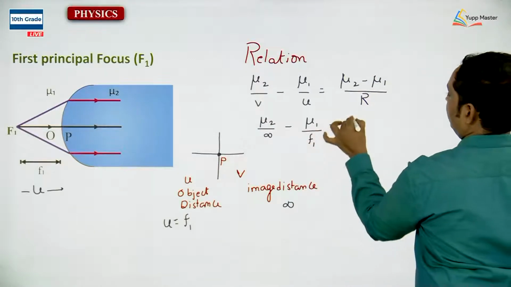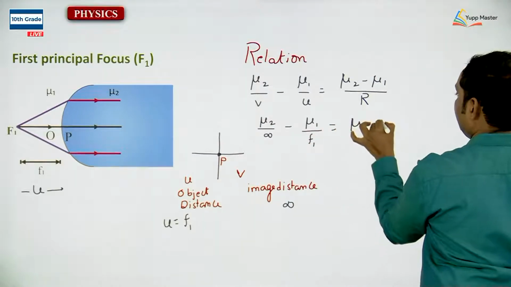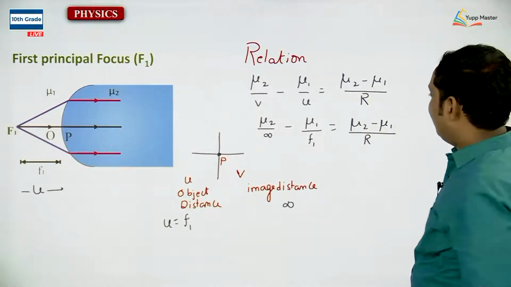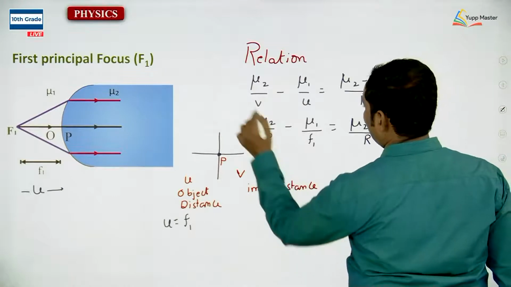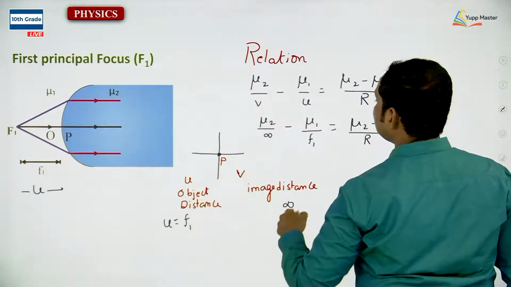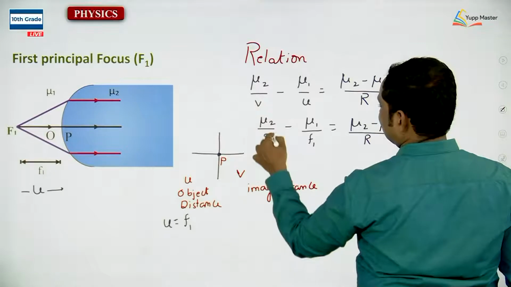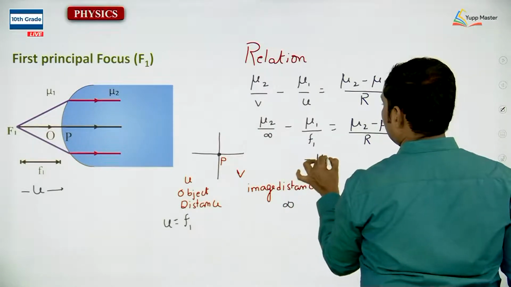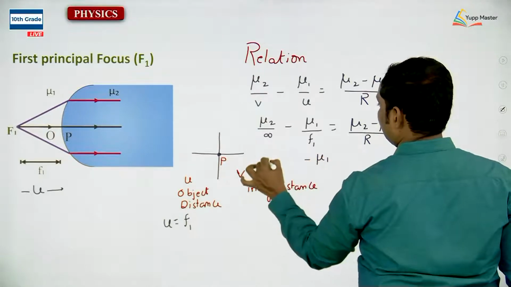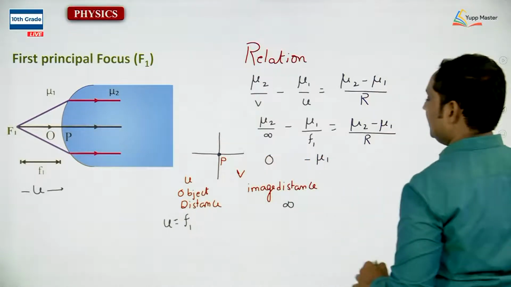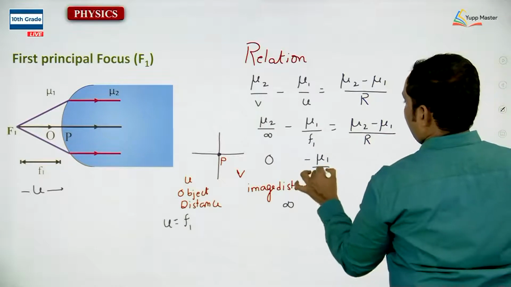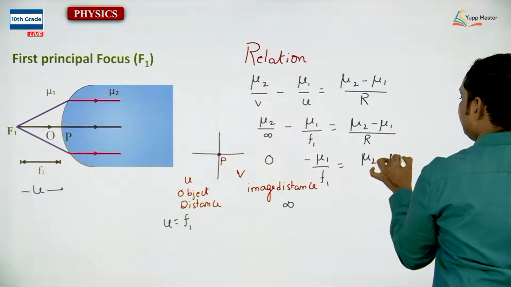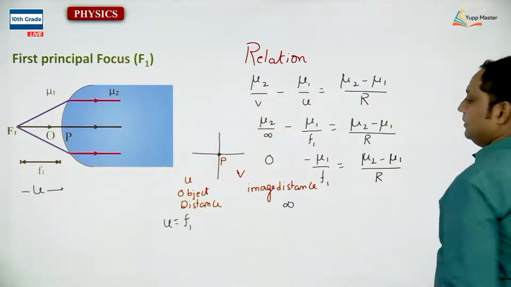It should have the expression mu1 by r. Now 1 by infinity is going to be 0, so you get this: minus mu1 by f1 equals mu2 minus mu1 by r, right.